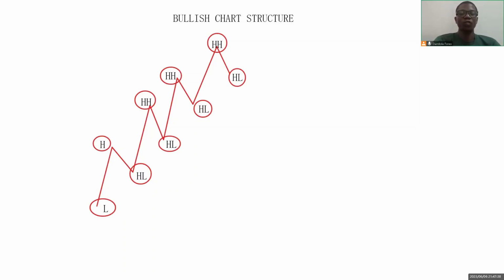So briefly, I'm going to be showing you guys a rough sketch of how we trade the bullish chart structure. Like we said, for a bullish chart structure, we'll be looking forward to buying at the end of an exhaustion. Let's write this out, higher low, and right here, higher low.